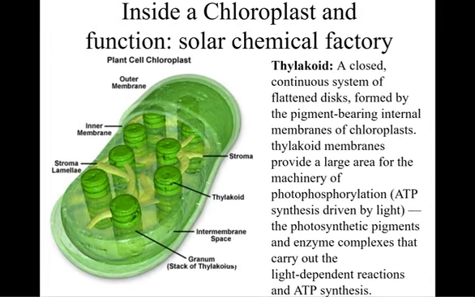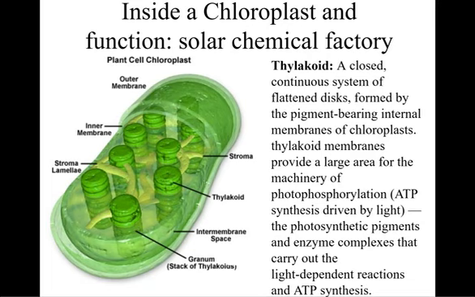Now, as far as the light reaction, that is happening in the thylakoid. A thylakoid, which is represented as this disc, is a closed continuous system of flattened discs formed by the pigment-bearing internal membranes of the chloroplast.